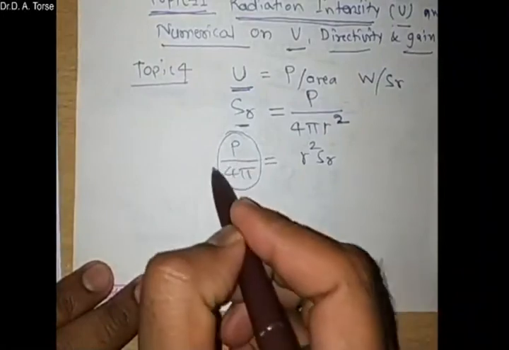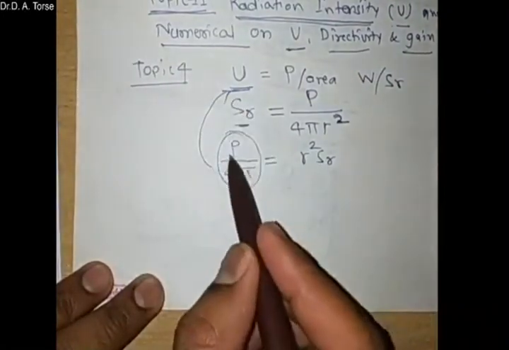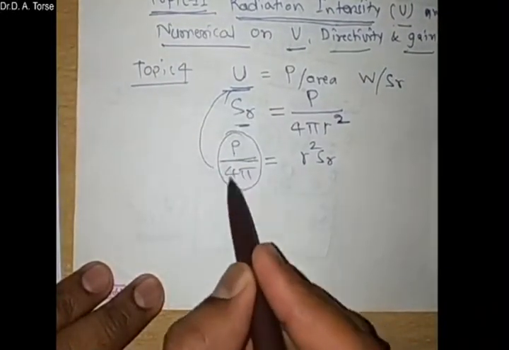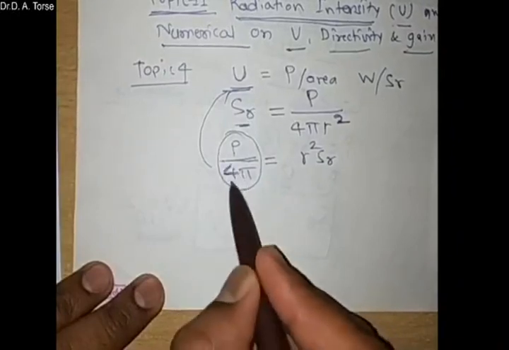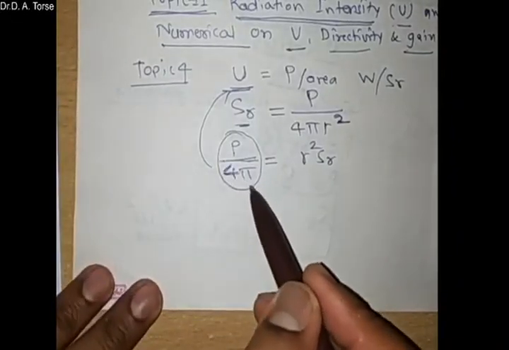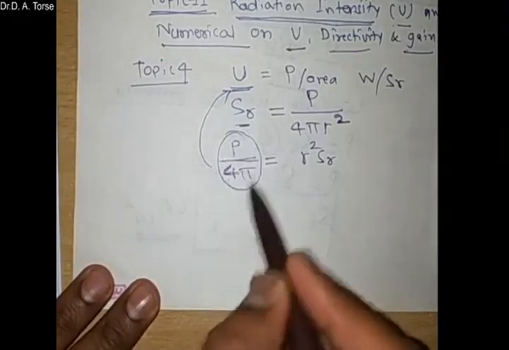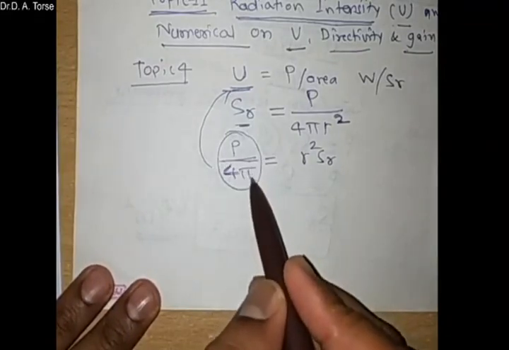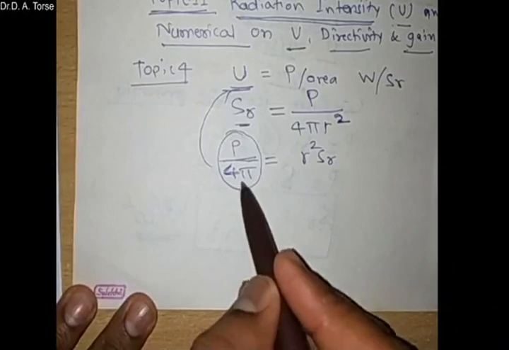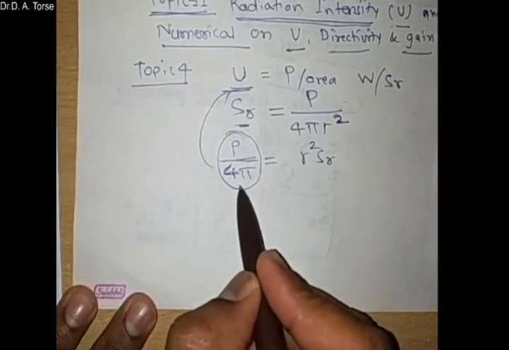This term is nothing but radiation intensity because it says power per unit solid angle and 4 pi is solid angle subtended by sphere.